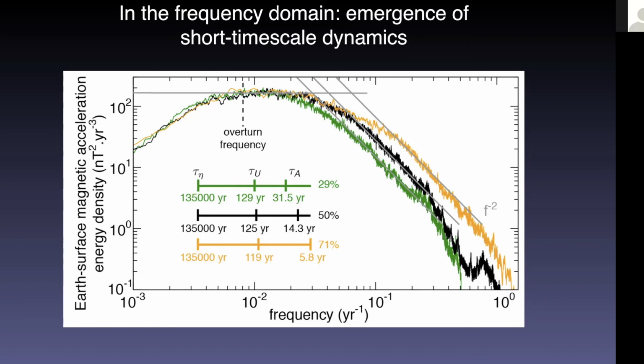So the models I've shown here are run with free slip boundary conditions, but they can be adjusted to no slip boundary conditions, so v = 0. The cost is, of course, a refinement in radial resolution to be able to resolve the boundary layers.